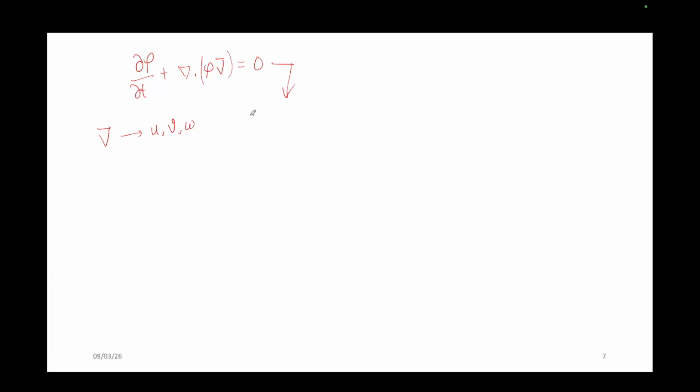I can write this equation in this form. This is the rho term plus the divergence. What does this mean? This basically means ddx of i cap plus ddy of j cap plus ddz of k cap, and this is a dot product.